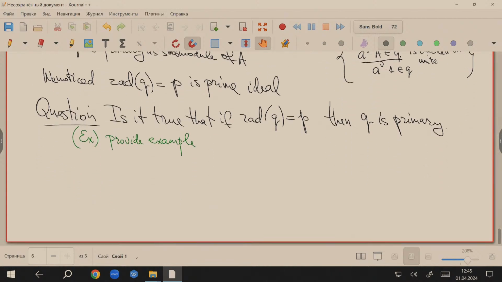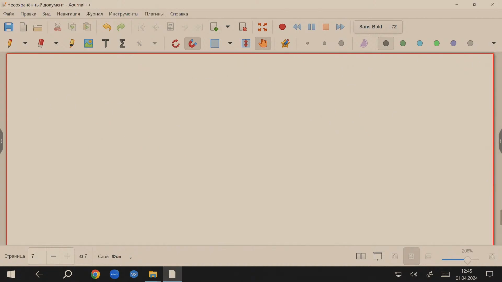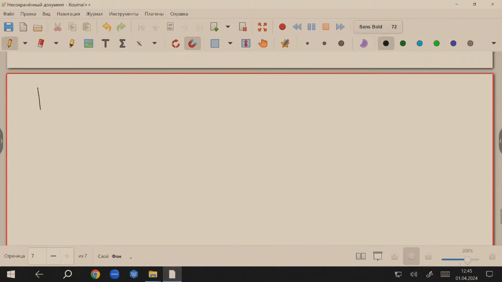But you have to understand that it is tempting to say that we have P associated with Q, but this equality doesn't imply that Q is prime. And the proposition is the following.